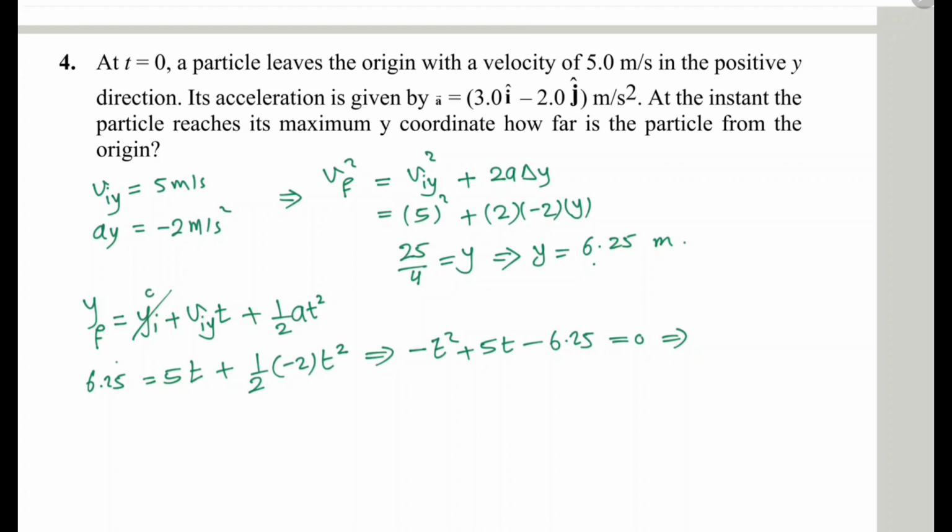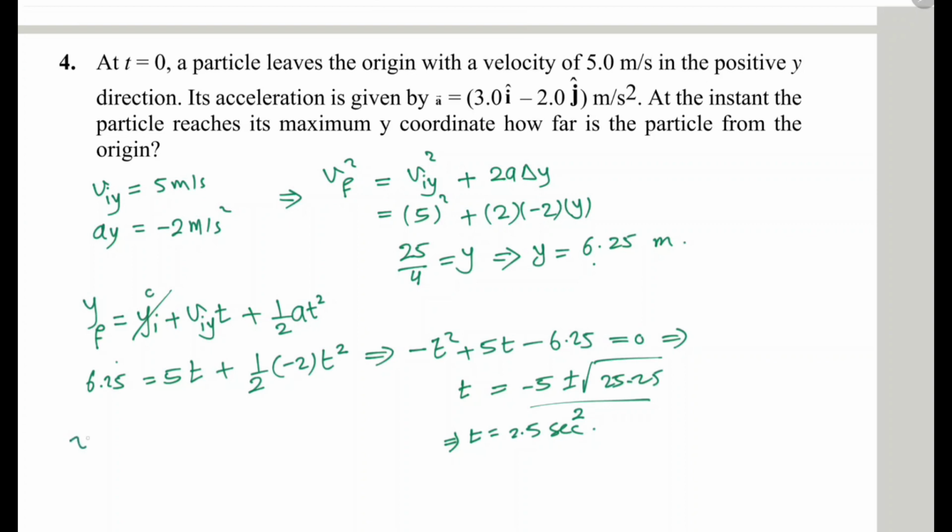You solve it, you will find t equals minus 5 plus or minus the square root of 25 minus 25, divided by 2, or in this case t equals 2.5 seconds.